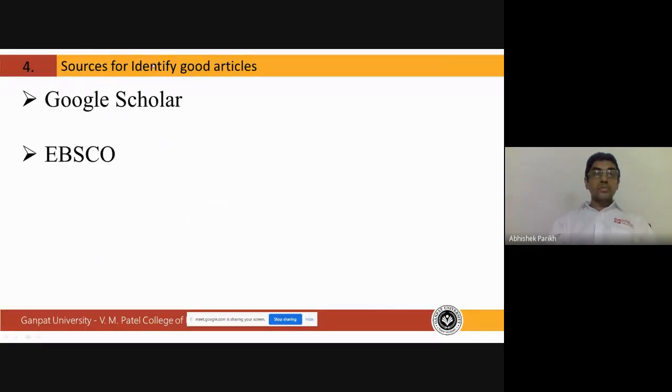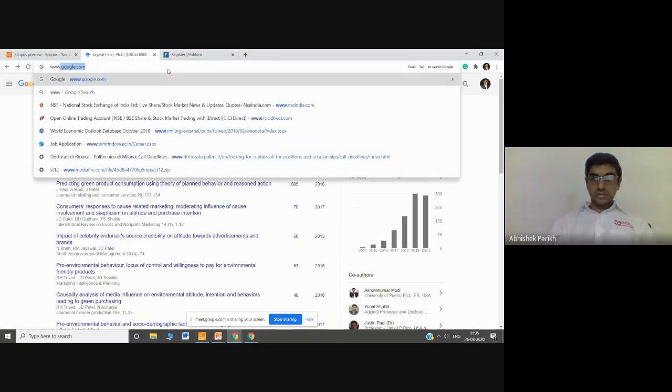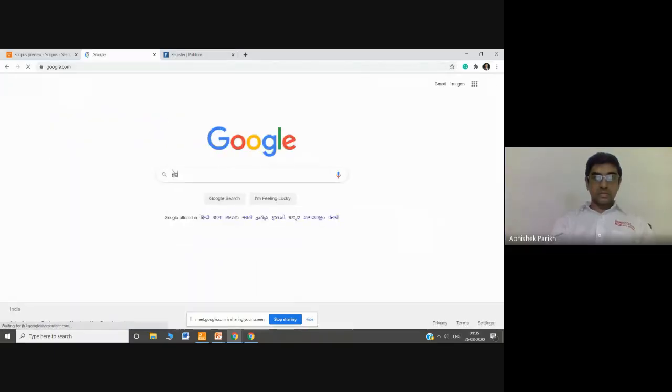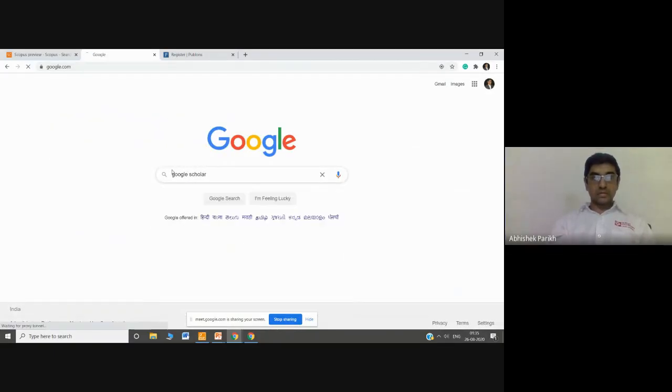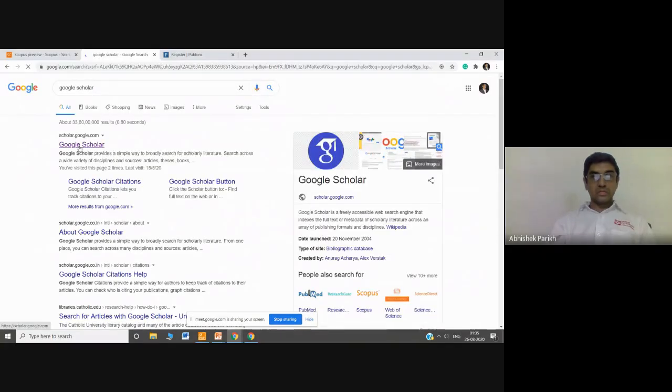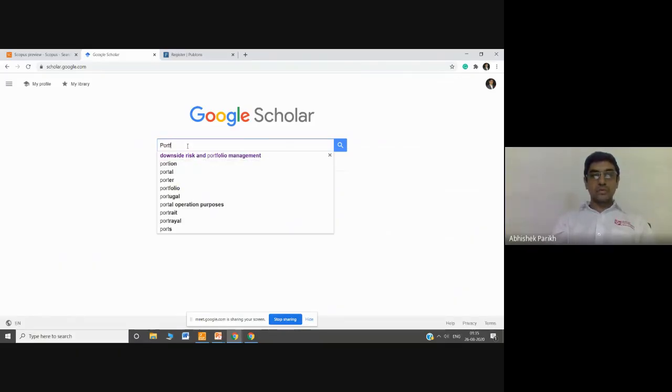Now, sources for identifying good articles. What you can do is go into Google Scholar, and you can search for articles. Let me give you one example: downside risk and portfolio management.